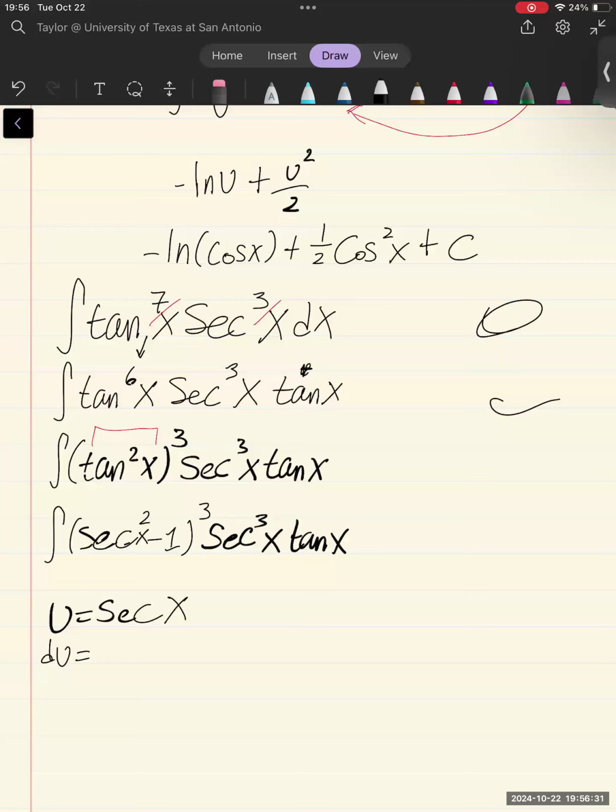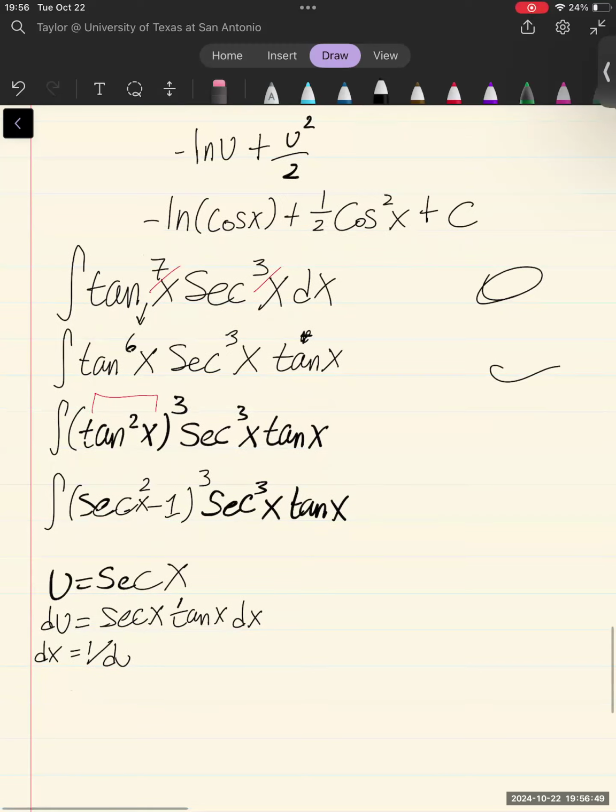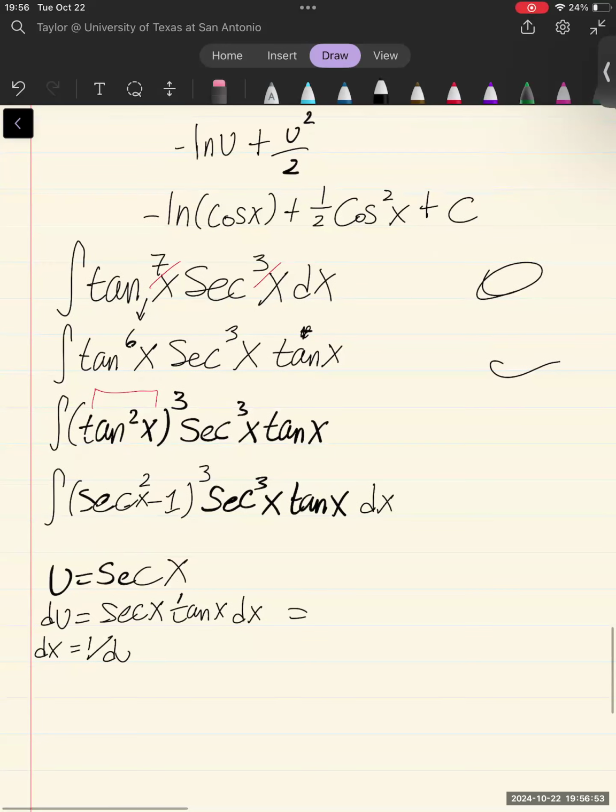Not quite. Secant tangent. So it's secant x tan x. Thank you. Dx, right? So then dx, if it's all right with y'all, I'm just gonna write 1 over du.